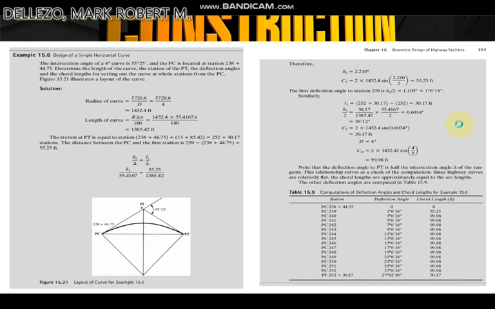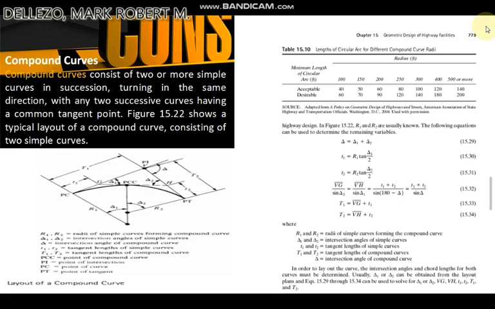Then next is also the same. It has a problem and its solution, and also the table within. So we go next.